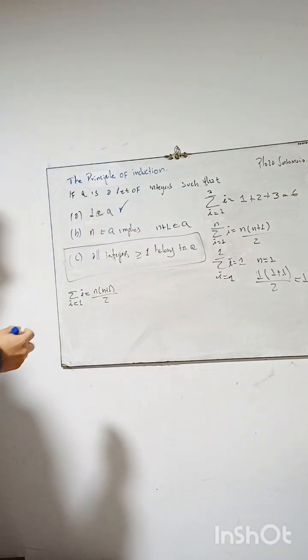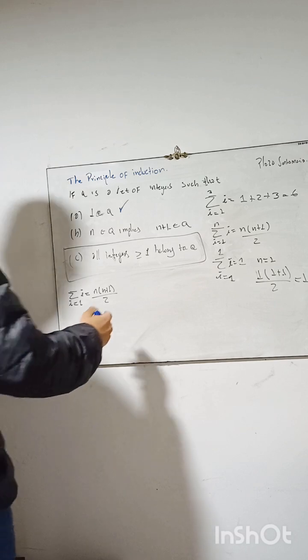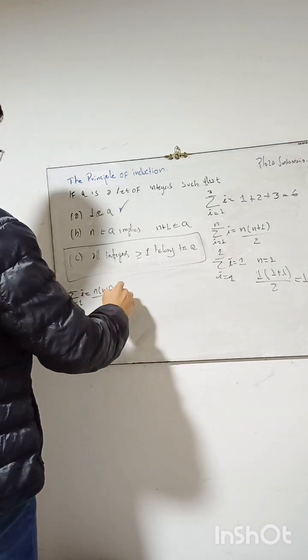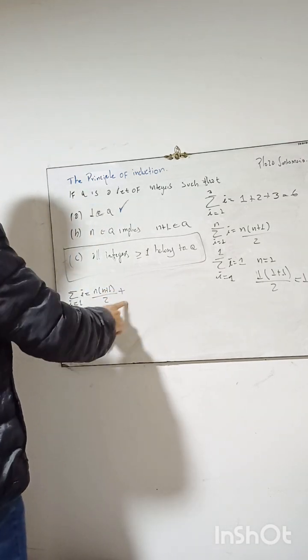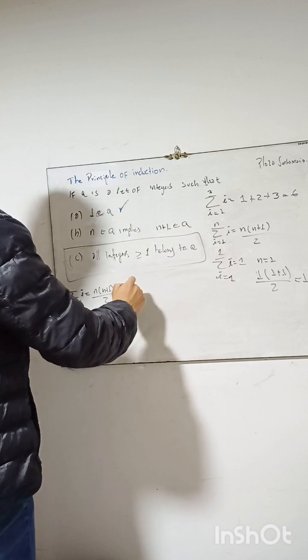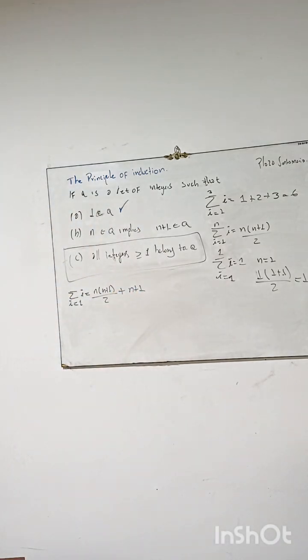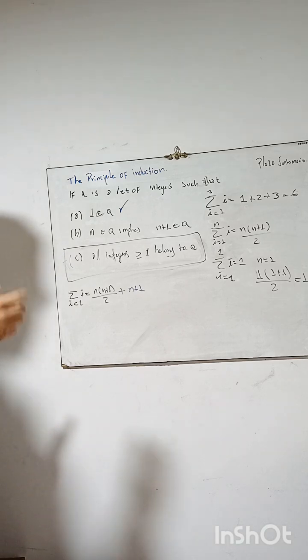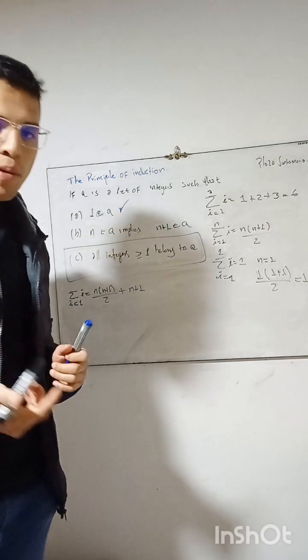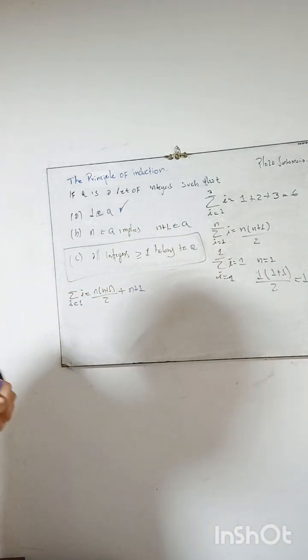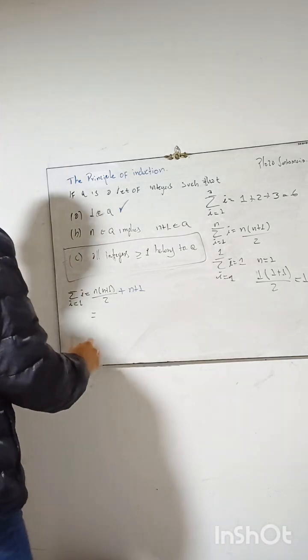So yes, we have to add the next integer, and we use the properties of integers, of natural numbers.